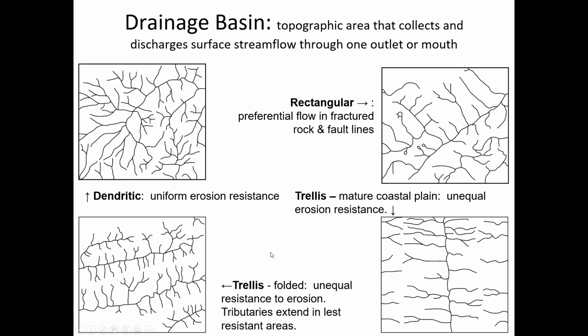But what you actually maybe would see as far as watersheds, if you were looking from above with a topographical map, might seem more like this. And so this is showing different types of drainage basins, and these different shapes of the flow paths are related to the geology.